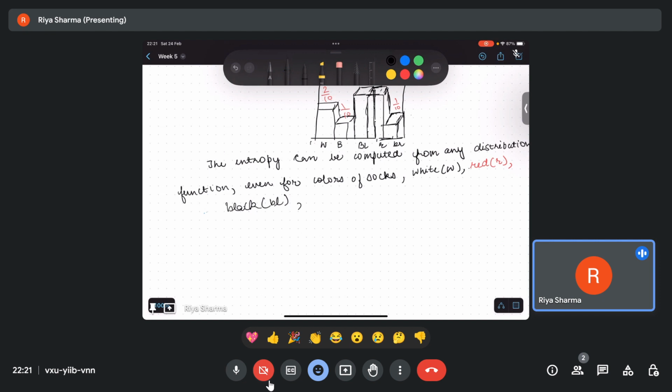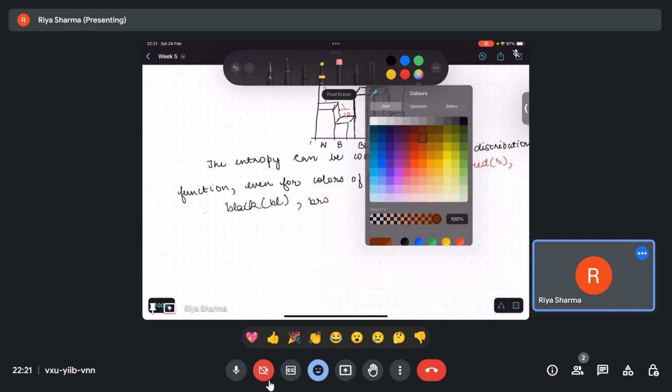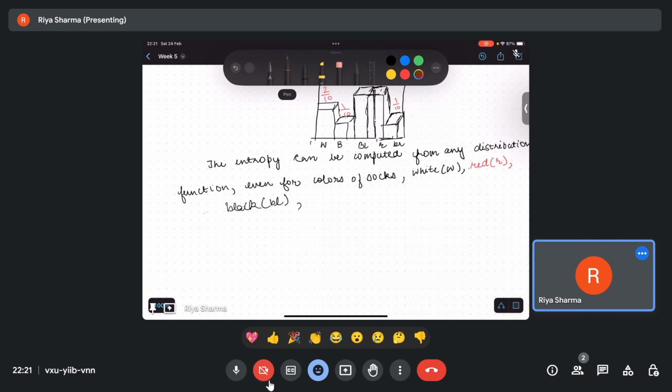The other one is brown, so let's make a good brown color. So brown with BR, and the last color is green with G. Okay, so we have to find the entropy of these.